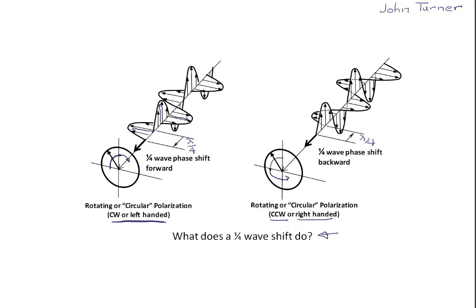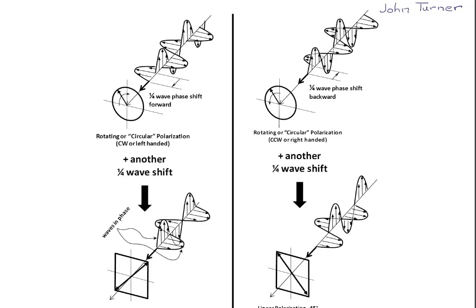Okay, now we can talk about how to use that in making 3D movies. Suppose I have images for the left eye that are left-handed circular polarized, as shown by this wave set, and the right eye images are circularly polarized counterclockwise or right-handed, as shown by this wave set.